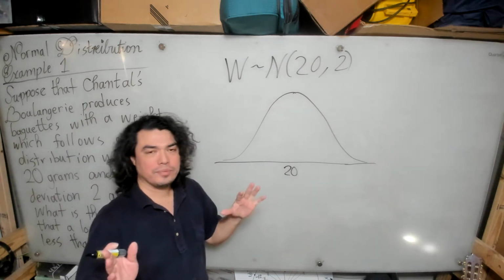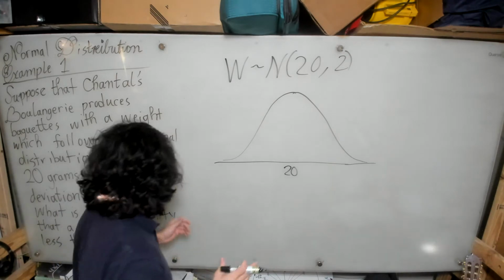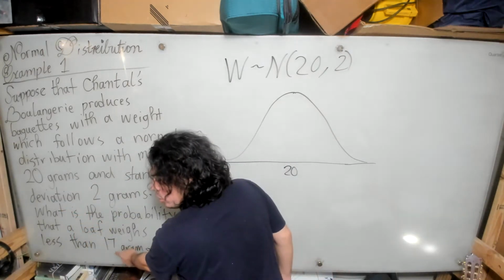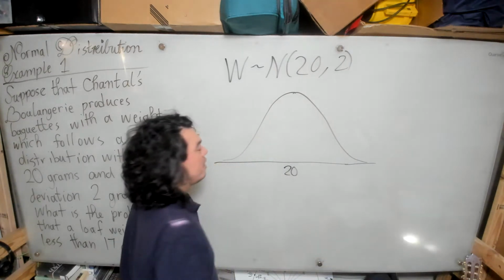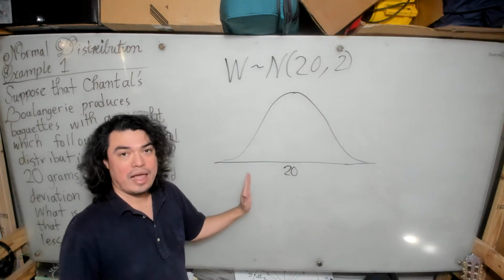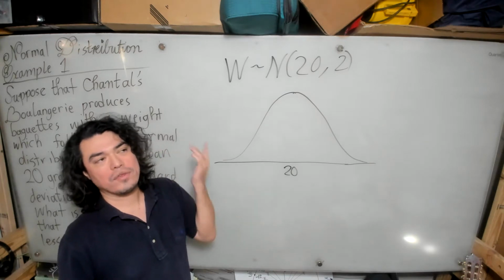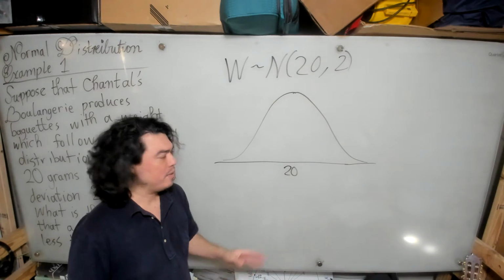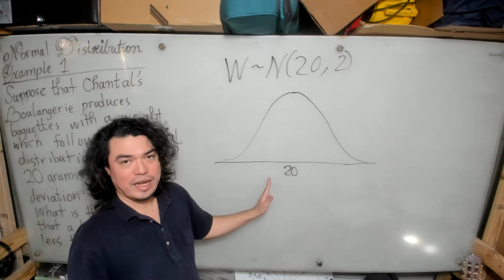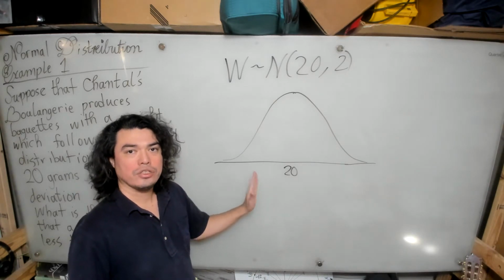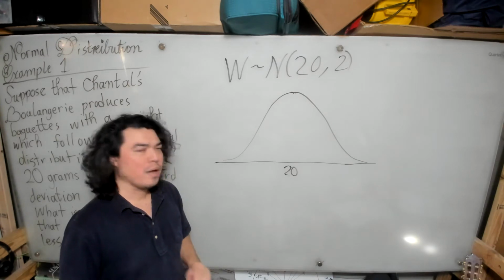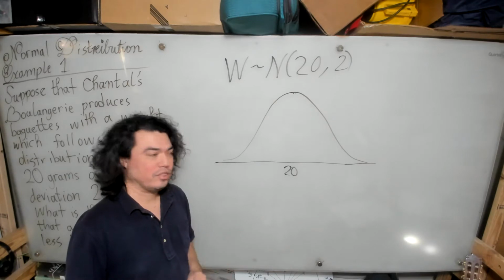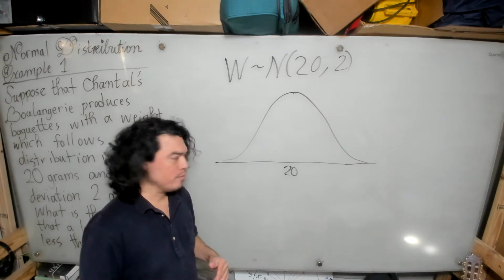But for us, if you think about those numbers and you look at the number we have here, what is the probability that a loaf has less than 17 grams? 17 will not lie on those lines. So for example, we might have thought, I could have tried the empirical rule. We can see that that's not going to happen. 20 minus 2 is 18, minus 2 is 16, so 17 is right in between. But that's exactly why we learned how to use the standard normal table and finding the areas under the curve. We're going to do that here.